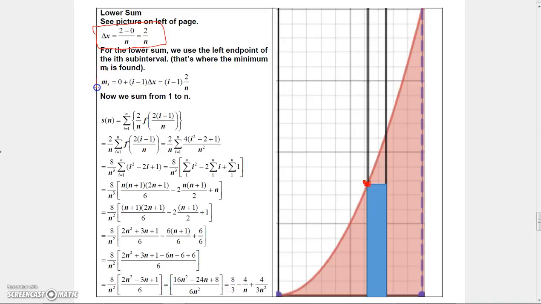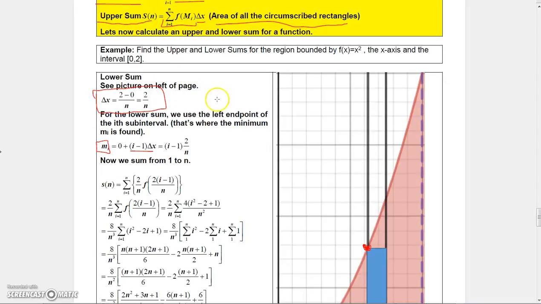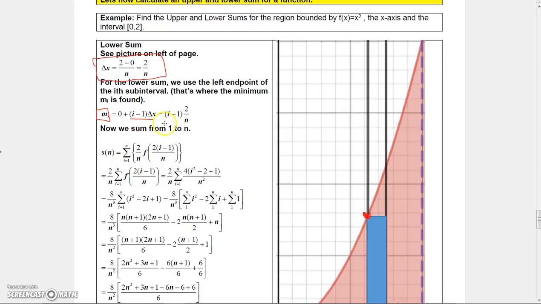So the value m sub i, since it's the left endpoint, is going to give me i minus 1 times delta x. Since we're going to square, we plug that back into the function. Delta x is 2 over n, so we have i minus 1 times 2 over n.